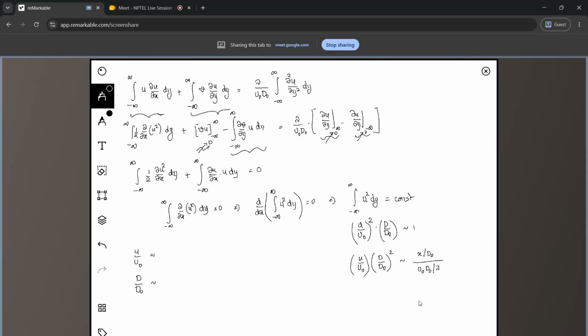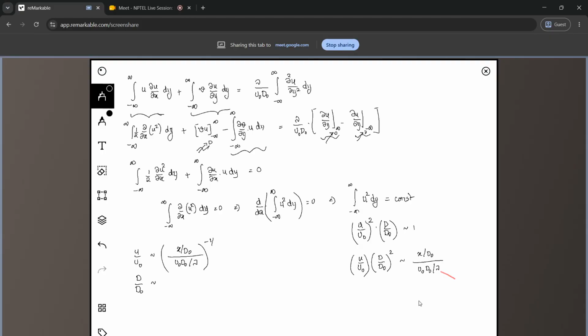That is fairly straightforward. You basically have to square this equation. That will give you u by u naught to the power 4 times d by d naught square is of order 1. And d by d naught square is this one. So you can substitute that back and you will get u by u naught scaling as x by d naught, d naught by nu, whole to the power. So you have power 4. This will have minus 1, so minus 3.